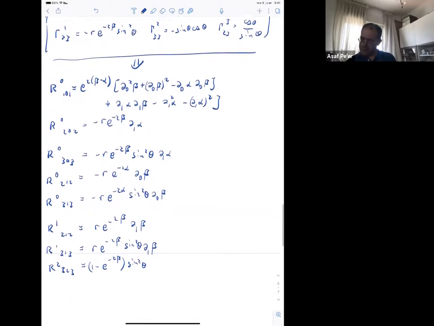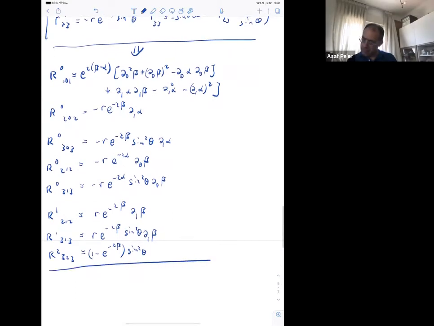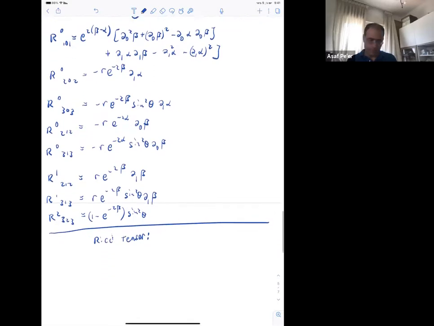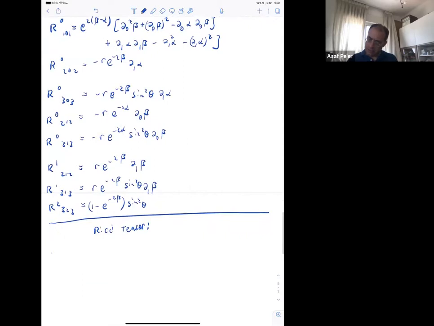After doing that, we can calculate the Ricci tensor. Just taking the contraction, we get that R00 is, it's not exactly just, right?